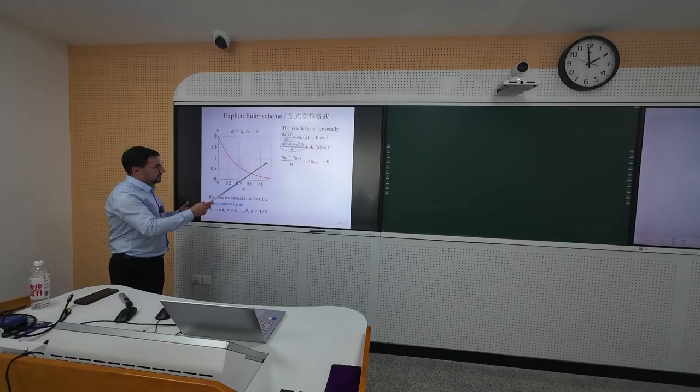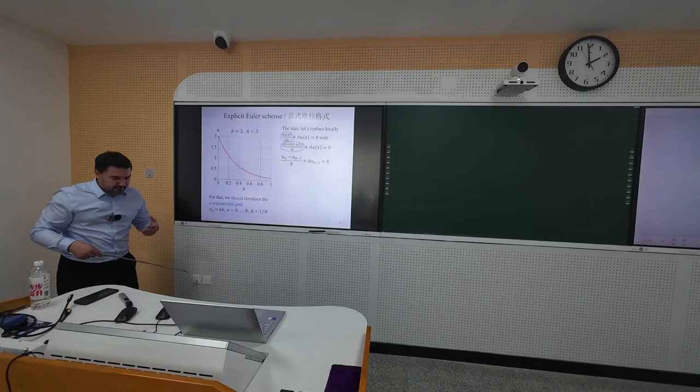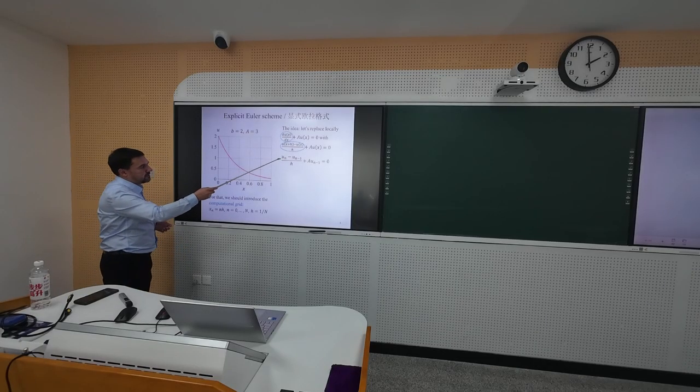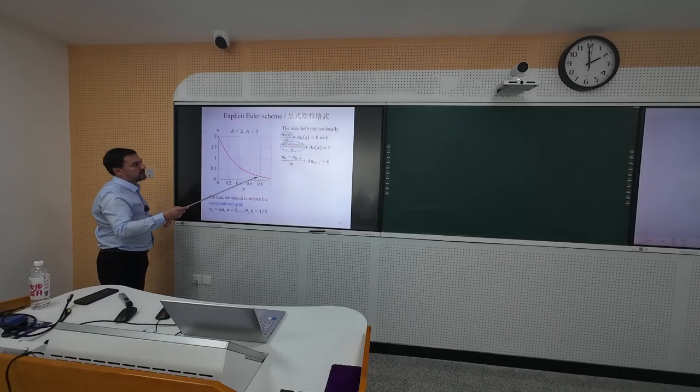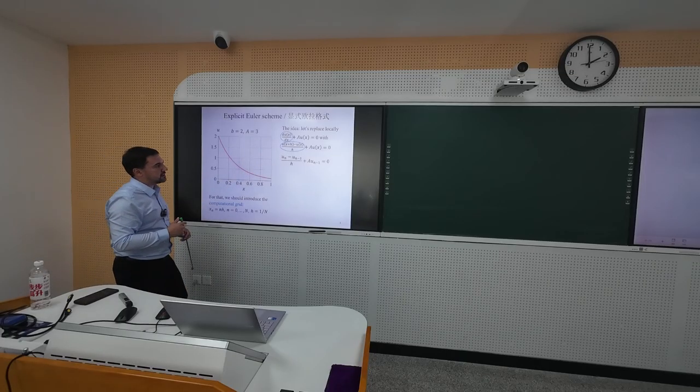And now we introduce the grid function. So now u sub n is the numerically computed grid function. n means that we compute our grid function at the node with number n. So for example, if n equals 1, it means that we try to find u1 using u0, and u0 is the initial condition, and so on.